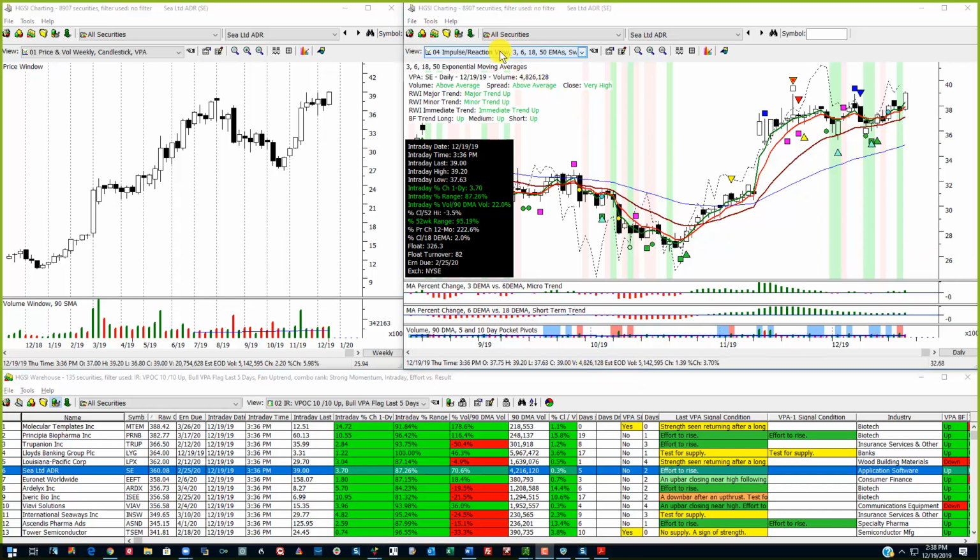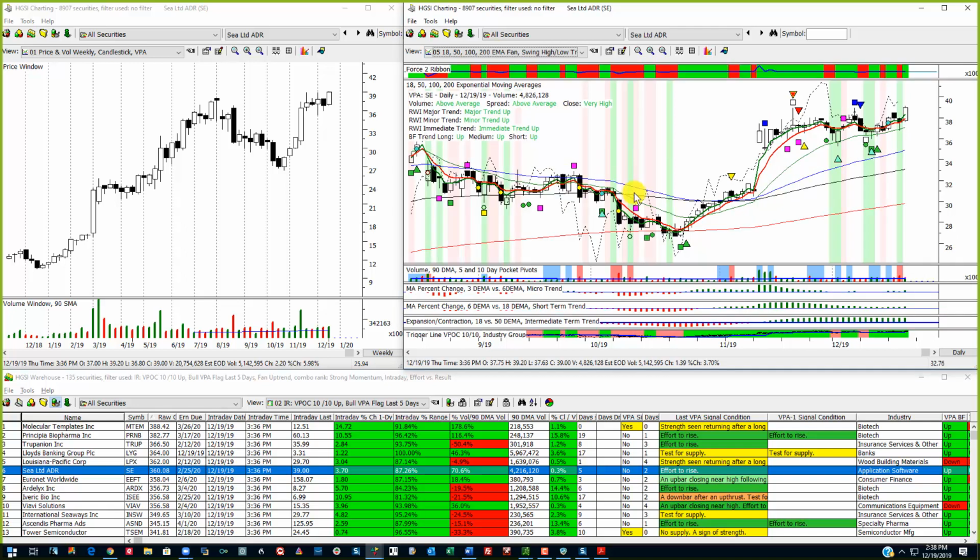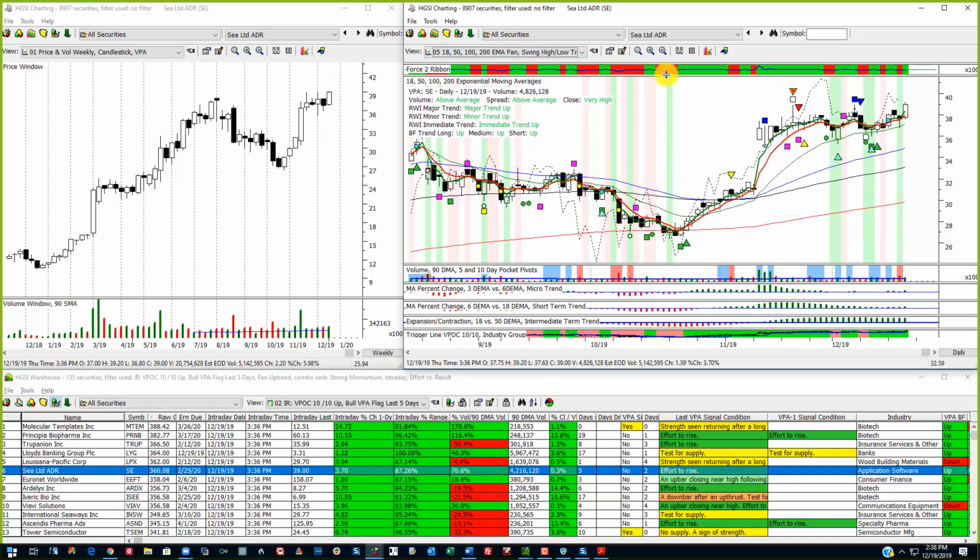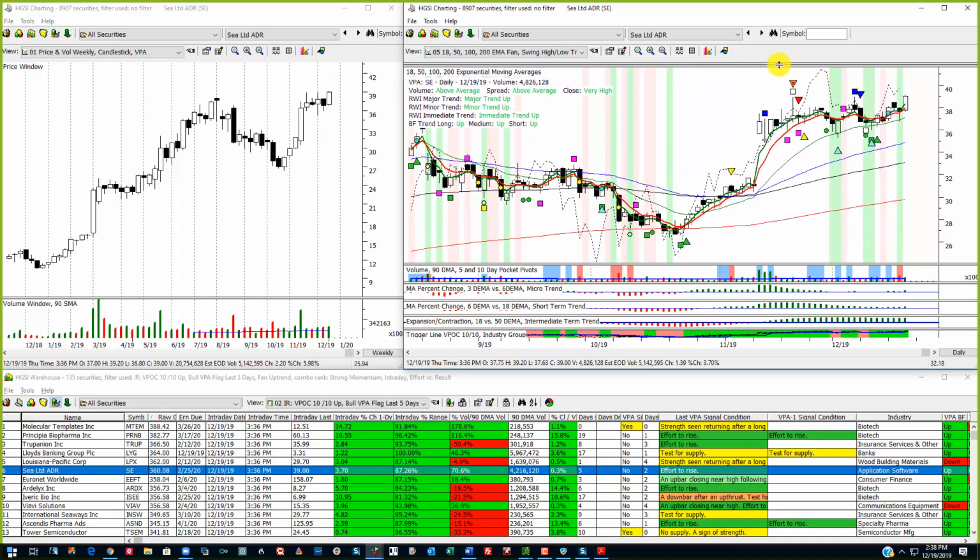Now let's compare this to the chart that I put in here. It's got some more information in it. It's essentially the same chart though. I left the force ribbons up here. Let me see, there should be a force 2 and 13. I think I buried it somewhere.